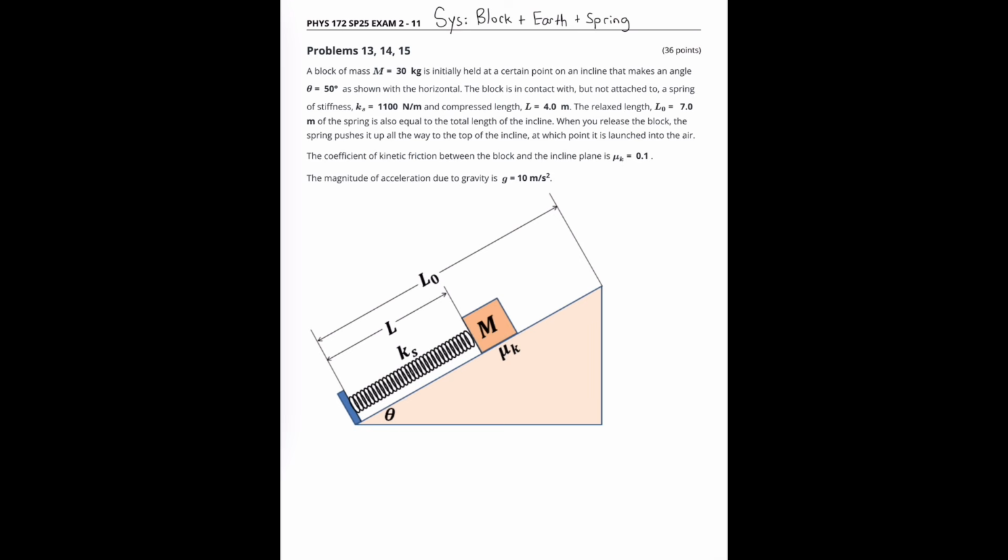And our surroundings is our ramp that has friction on it. So from the energy principle, we can say the change of energy of the system is equal to the work done by the surroundings.